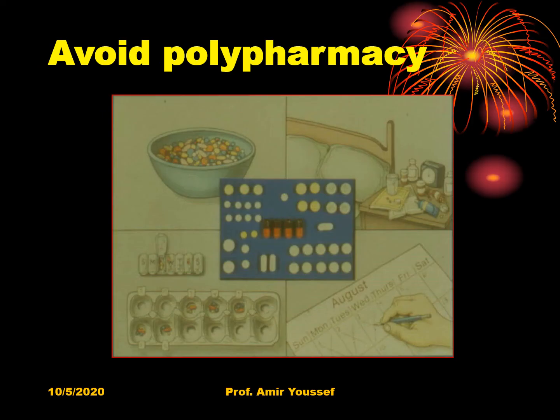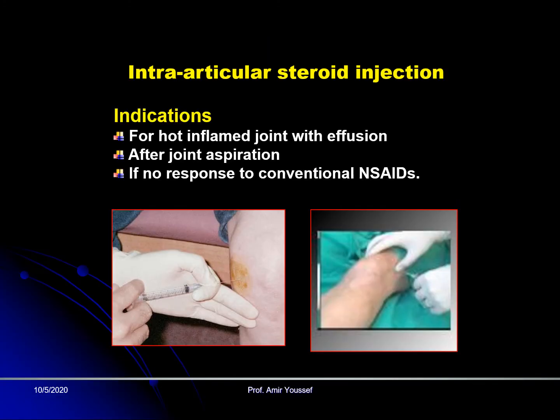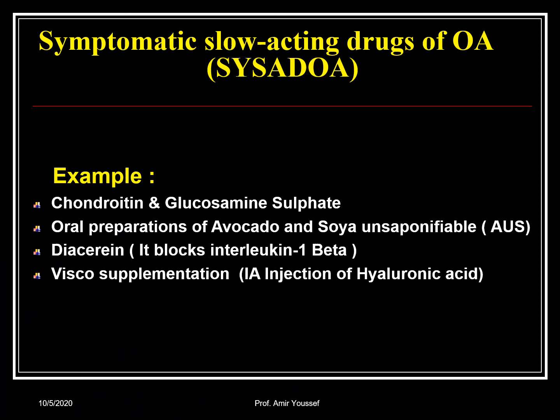Always avoid polypharmacy. Intra-articular steroid injection is indicated for hot inflamed joint with effusion after joint aspiration and if no response to conventional nonsteroidals.